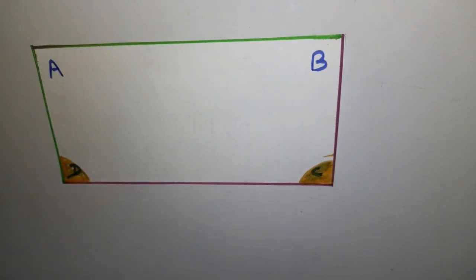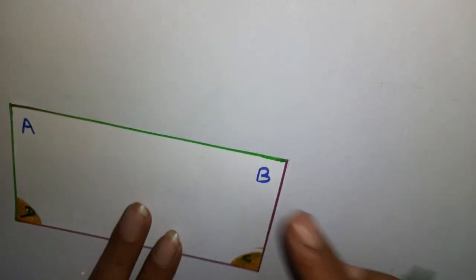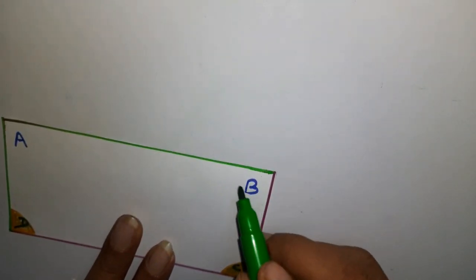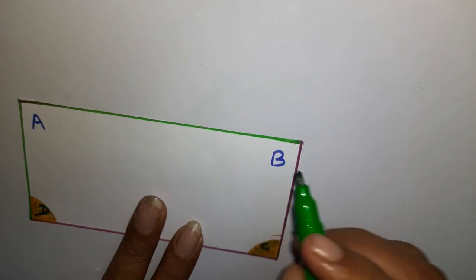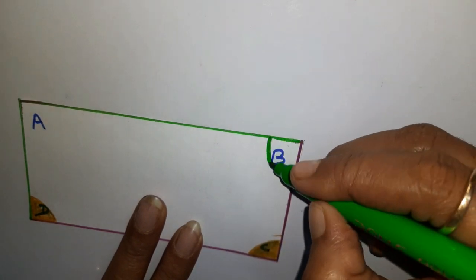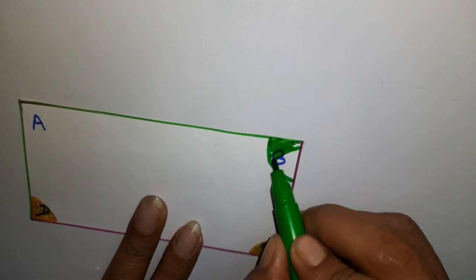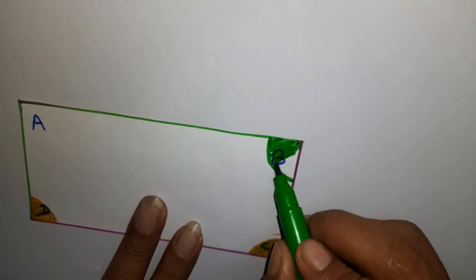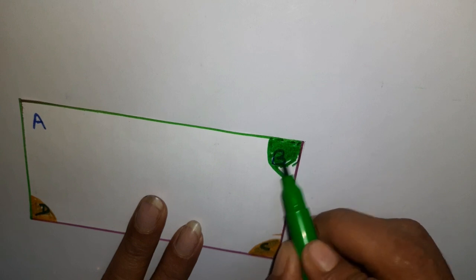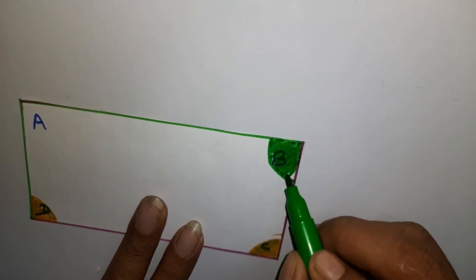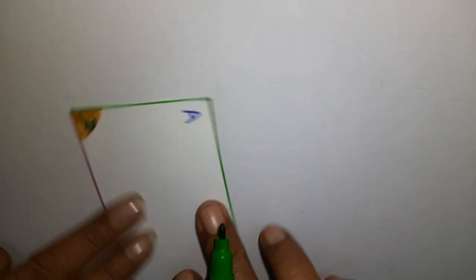Then I'll take another set. I'll be showing you with two different pairs, but we will try to find all the pairs of adjacent angles in this quadrilateral.